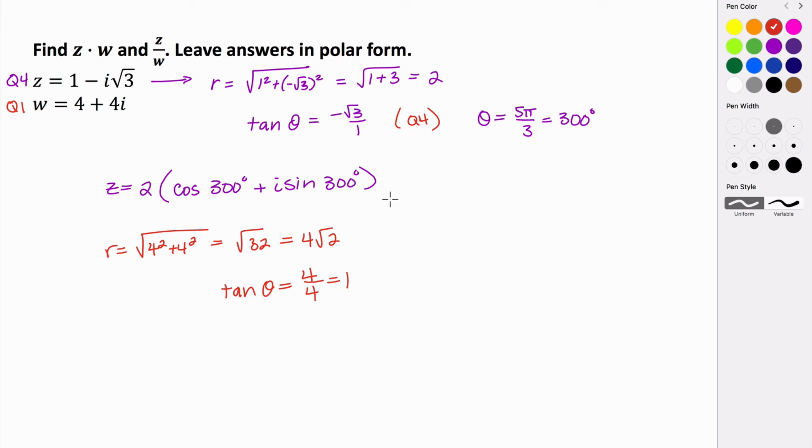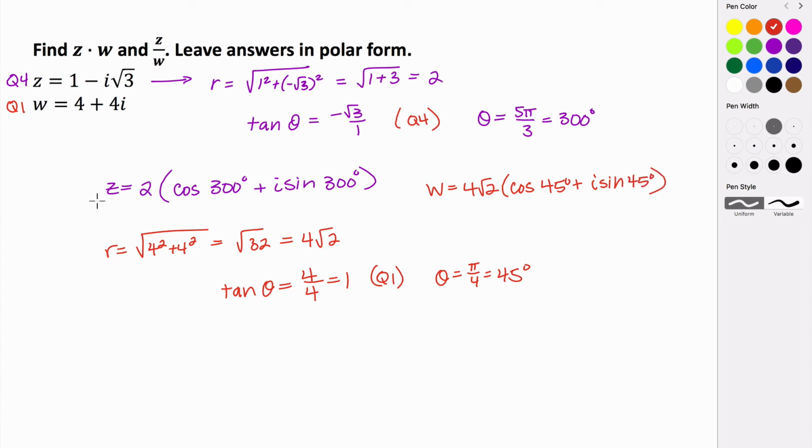So what angle in quadrant 1 is going to give us a tangent of 1? Well, that would be theta equaling pi over 4, or 45 degrees. So that means that w in polar form is going to be 4 rad 2 times the cosine of 45 degrees plus i times the sine of 45 degrees.